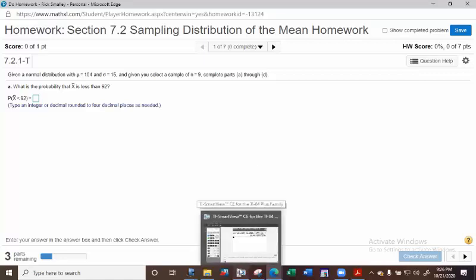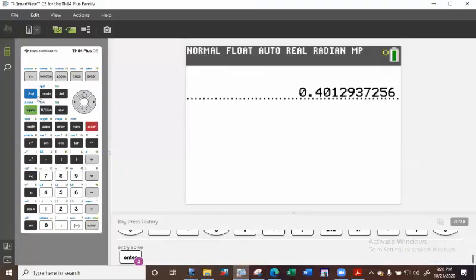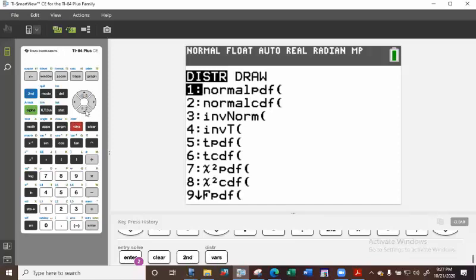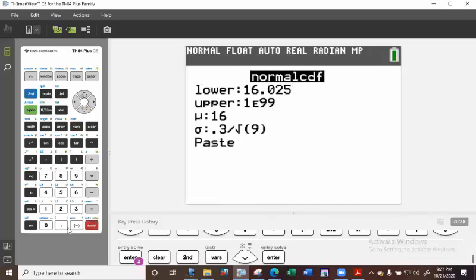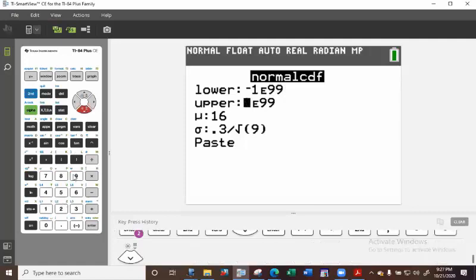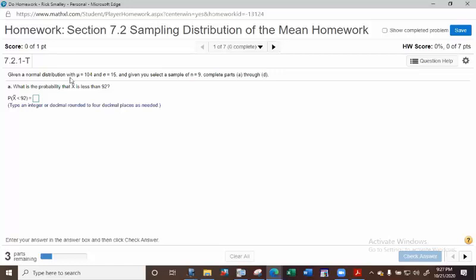So it's less than 92. We go second distribution, normal CDF. Less than 92 means I need to start with negative infinity, which is negative E to the 99. And this was 92. Once I mess this up, we'll double check. Let me get the mean and standard deviation. Mean is 104. Standard deviation will be 15 divided by the square root of 9. The n is 9.